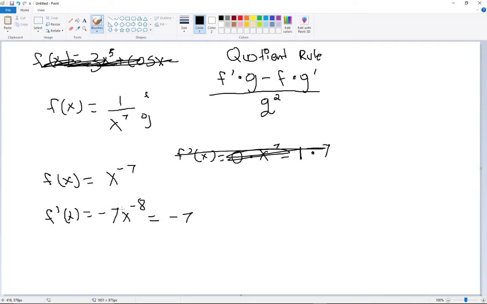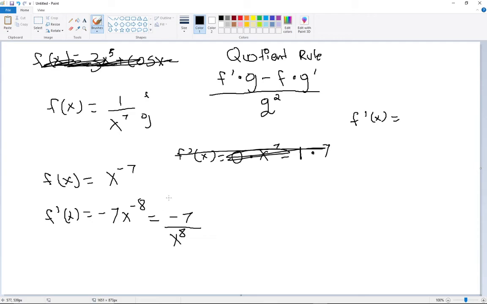Ladies and gentlemen, a common rule in differentiation: when you want a final answer, you should never leave an x with a negative power in the top, because that makes your answer incorrect. You have to write it in the proper mathematical format. So I will move it to the denominator, and the sign changes to positive, because that's how math works.